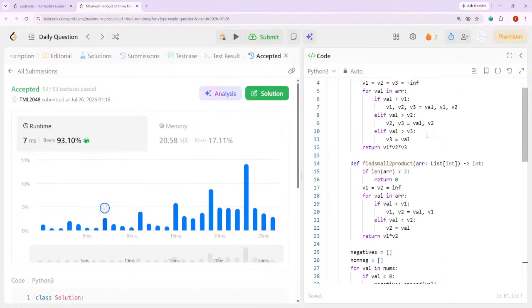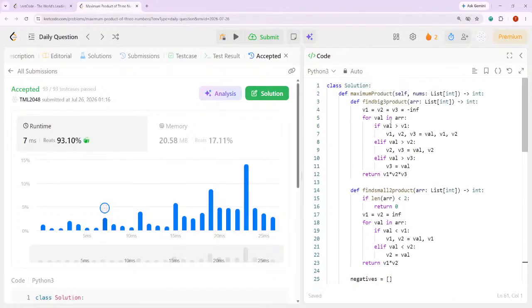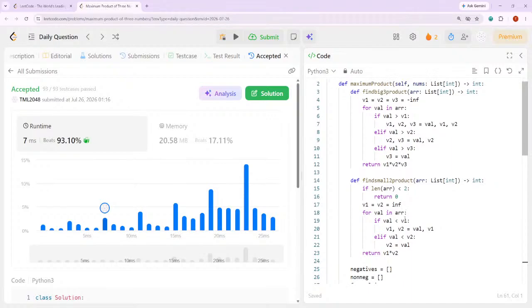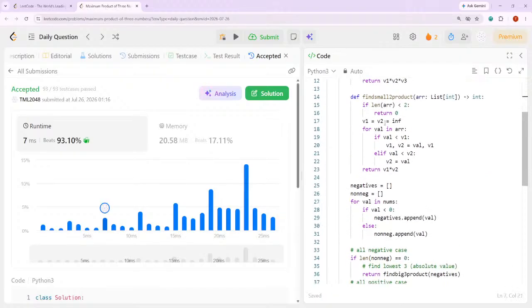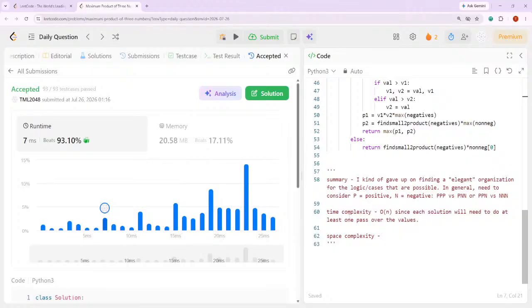Although, in general, getting the top 3 or bottom 2 of the array using Python syntax is actually not terrible because you can do multiple assignments within a single equals, kind of like tuple assignments. These three values are assigned to these three locations. Space is O of 1 since no extra space is needed. All right.